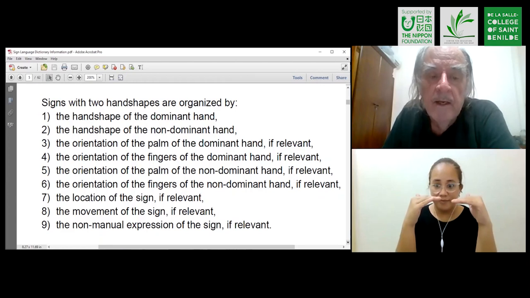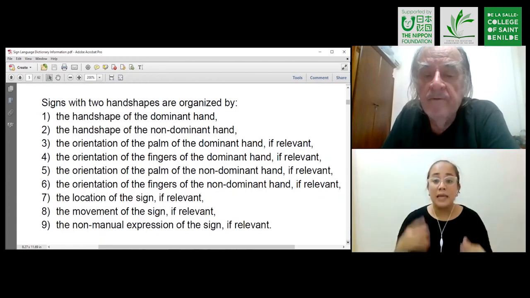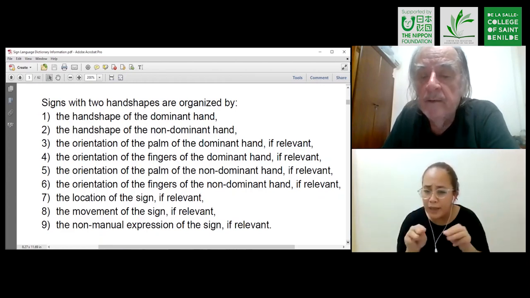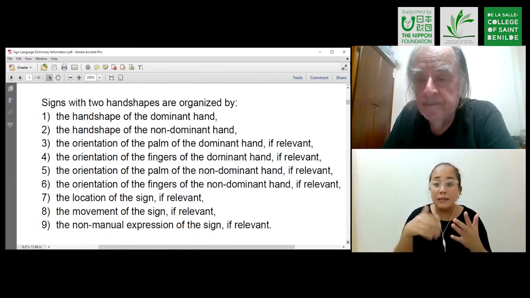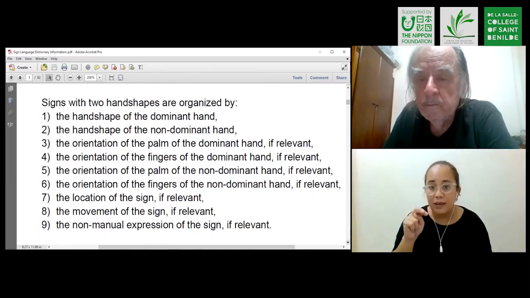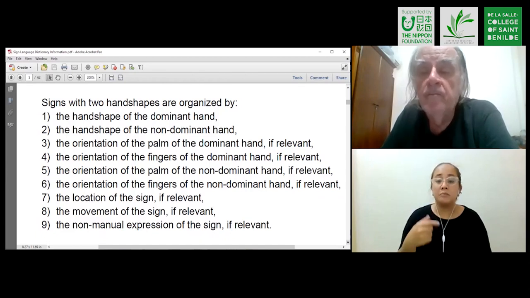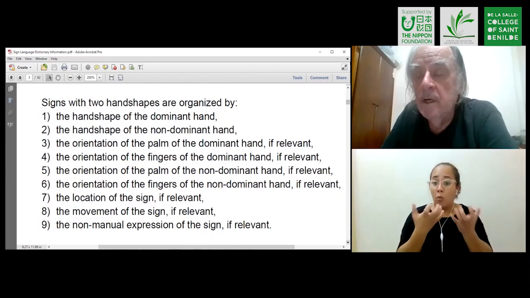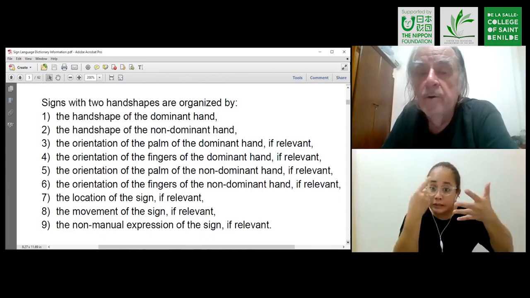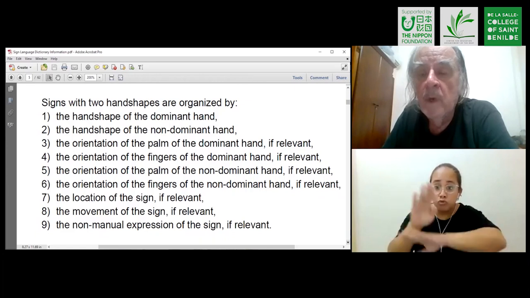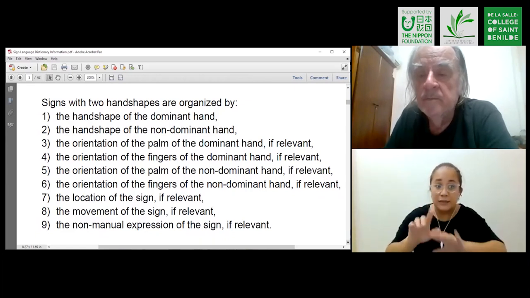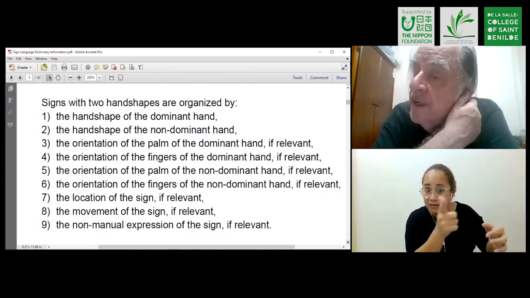Okay. Then you can look at the movement of the sign if you need to, and the non-manual expression of the sign. So what I'd like you to do is to go through your two-handed signs in this order, or actually you just check right now.